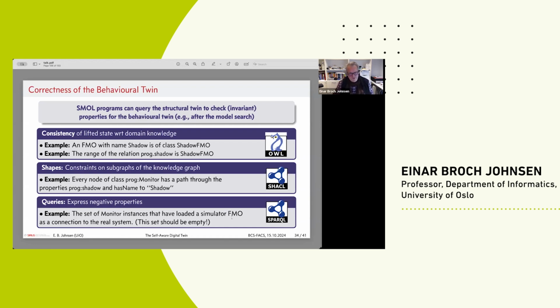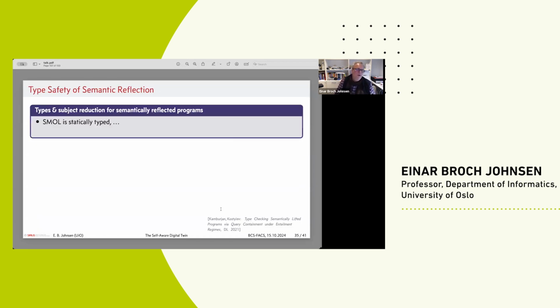For example, if we have a simulator or an FMO, which is named shadow, and this is of this particular class, if it is linked by a particular relation, if all monitors are linked to a sensor called shadow, if all monitor instances are loaded correctly and so on, we have the defect queries we have seen before.